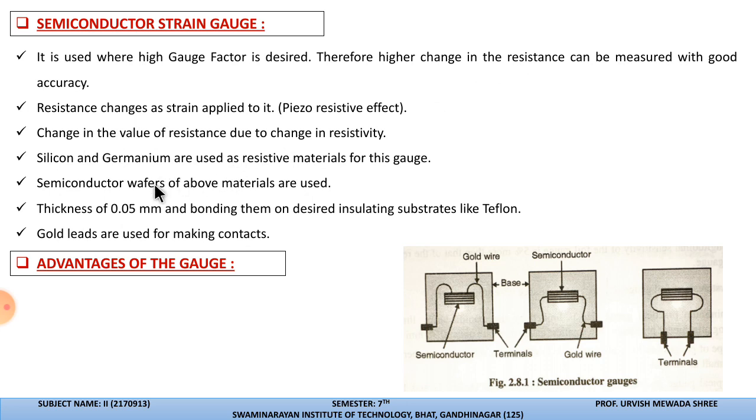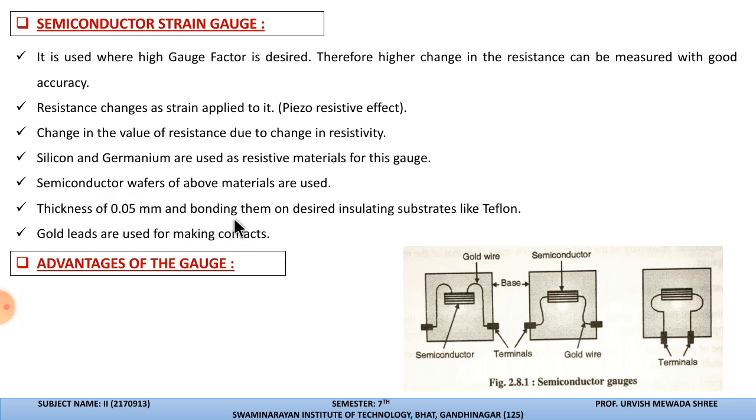Similarly, we use silicon and germanium wafers as the material for the semiconducting strain gauge. Wafers means we use thin foils and thin plates of the silicon and germanium material. Both are semiconducting materials, and the thickness of this wafer is 0.05 mm. From this dimension you can imagine that it is very, very thin.